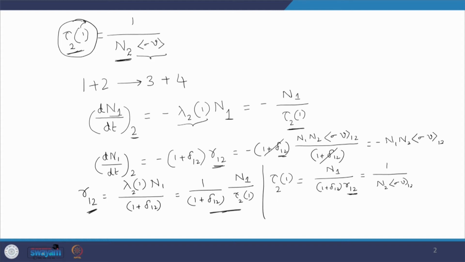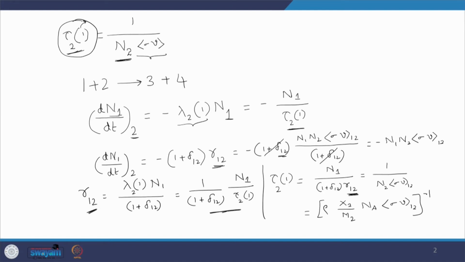And here in terms of mass fraction I can write down like this: mass fraction of type 2 nucleus and mass of type 2 nucleus in AMU and Avogadro number sigma V12.